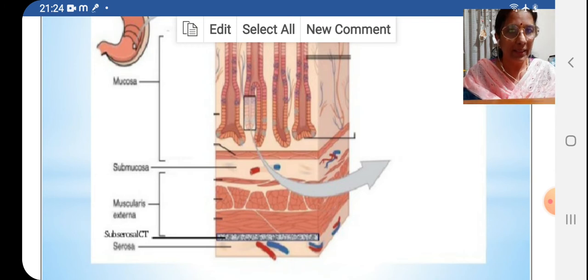It contains circular, oblique, and longitudinal muscles. And then comes the subserosal connective tissue and the serosa, and outer to that is the peritoneal cavity and the other structures.